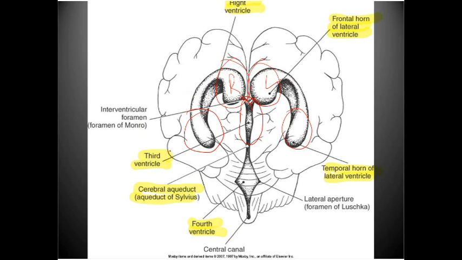Then we have the cerebral aqueduct, or the aqueduct of Sylvius, which is basically this long passageway extending into the fourth ventricle, which in the coronal view appears more of a diamond shape. So pretty much everything that is highlighted here will be fair game. Just really notice these structures.